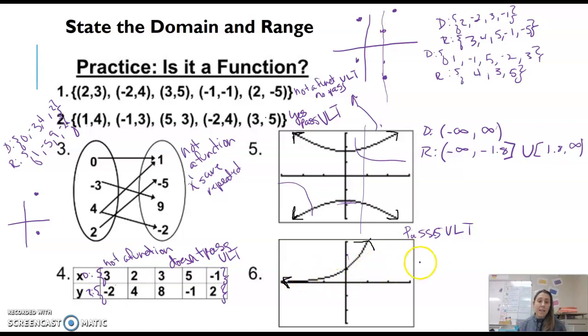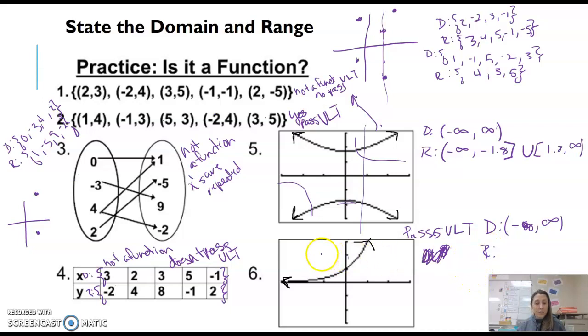And then the domain, or our x values, is going forever negative this way and forever positive this way. So we are from -infinity to infinity, and we're going to use parentheses.